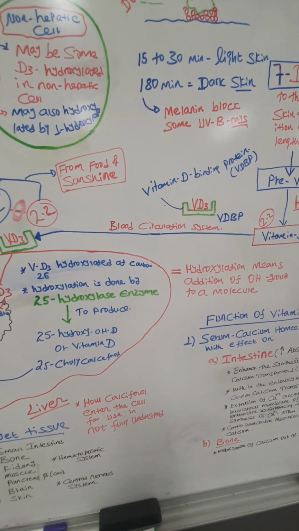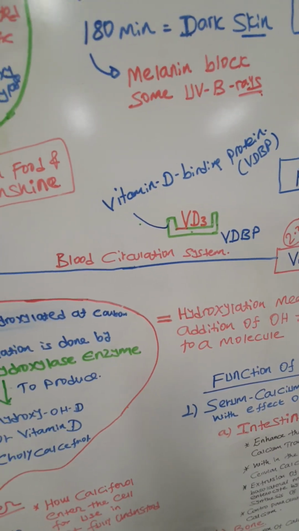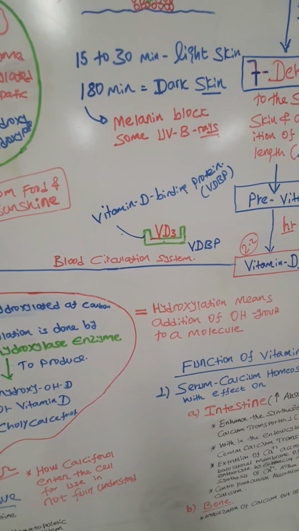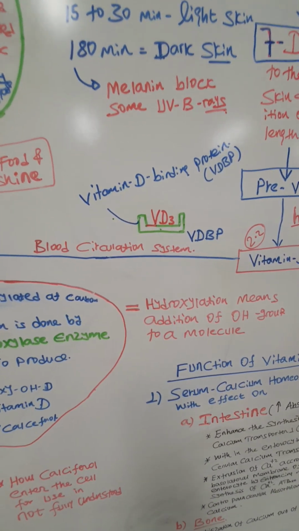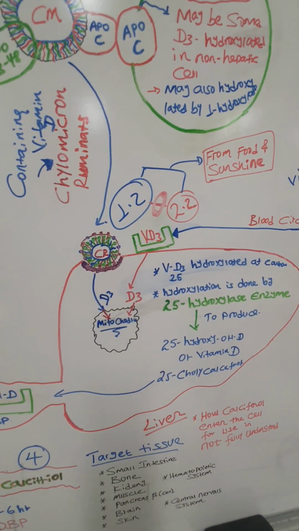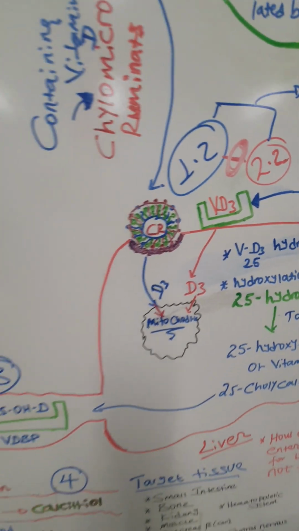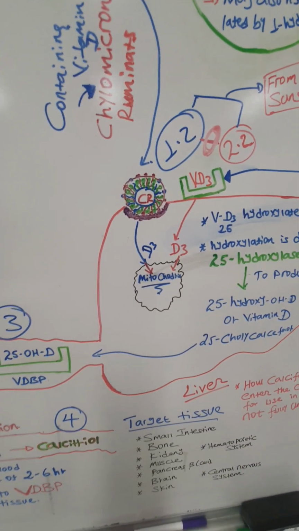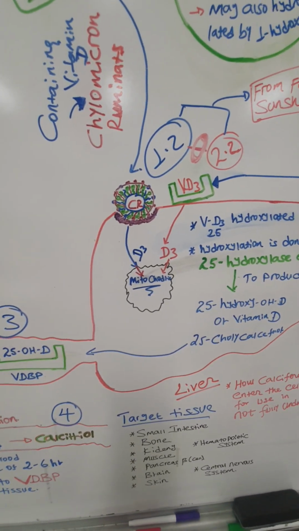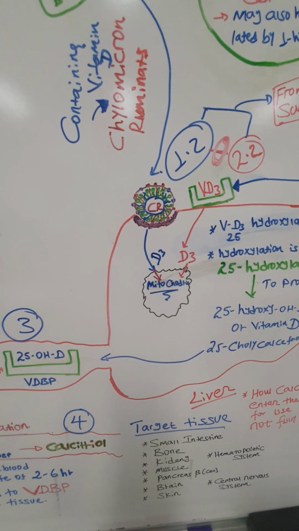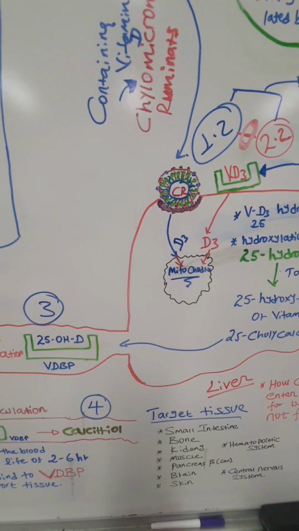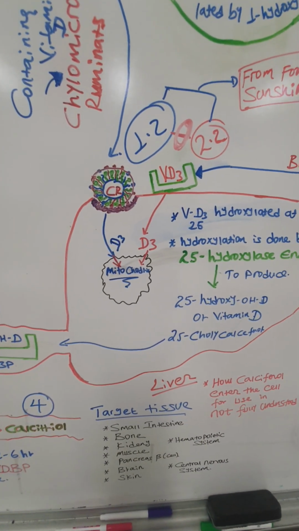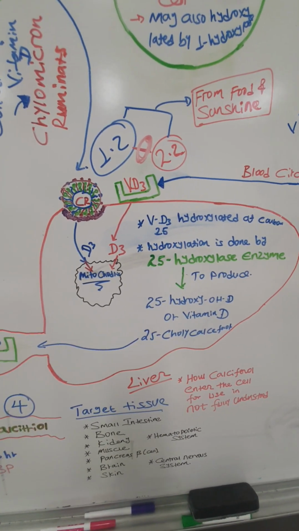This vitamin D binding protein, as you can see, is like a green boat. Then it's traveling through the blood circulation and reaching the liver again. So we have two sources of vitamin D3 here, from the food and also from sunshine-induced vitamin D3. Both of these D3 will get into the liver mitochondria, where they undergo hydroxylation.